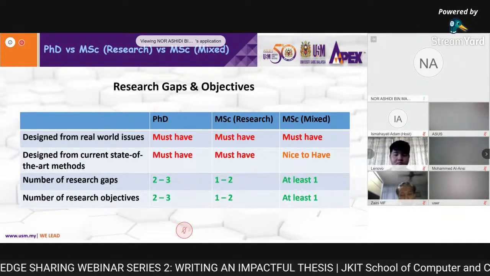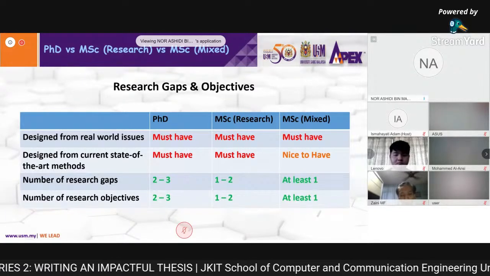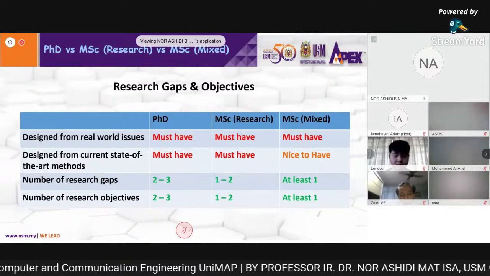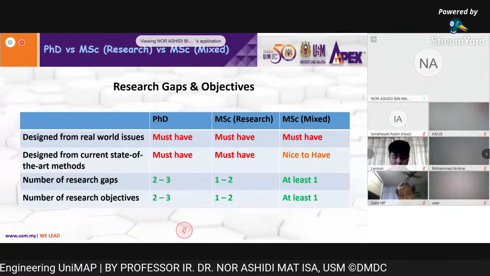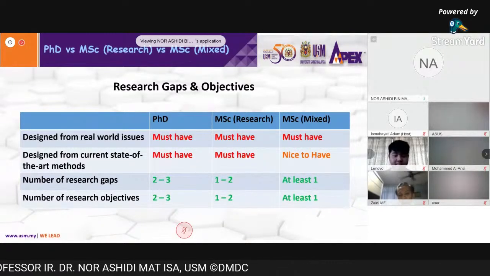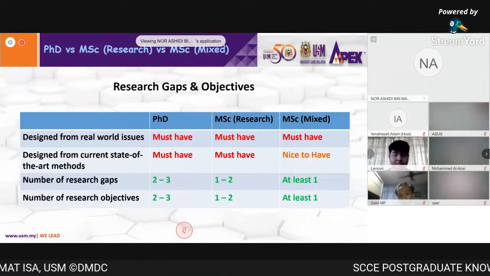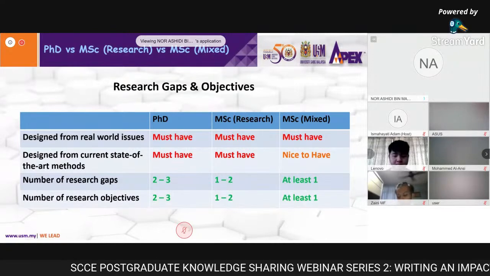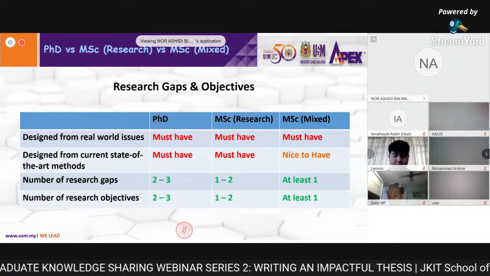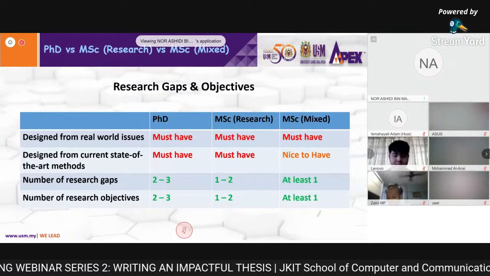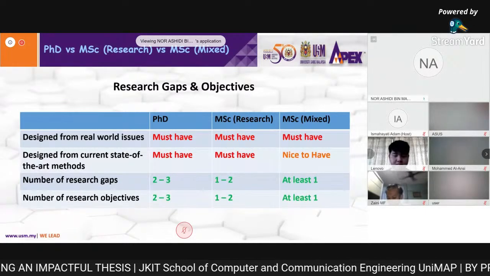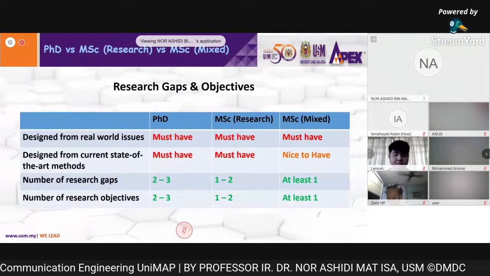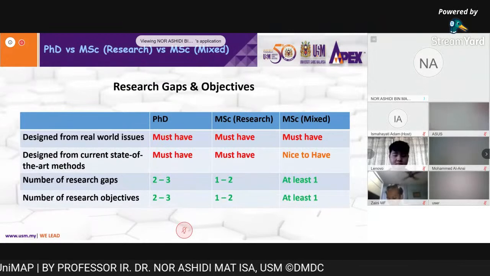Industry has a problem with defective ICs. Their problem now is that they use their naked eyes, which is too subjective and too time consuming for them to inspect or detect the defects. They need extra time to check the ICs one by one. So that's what we call the research gap or the problem in a real world issue.